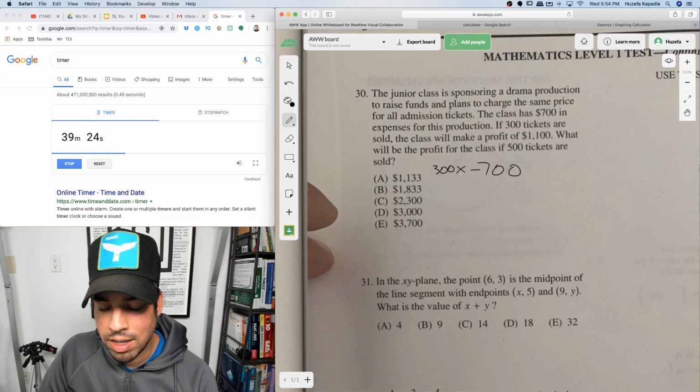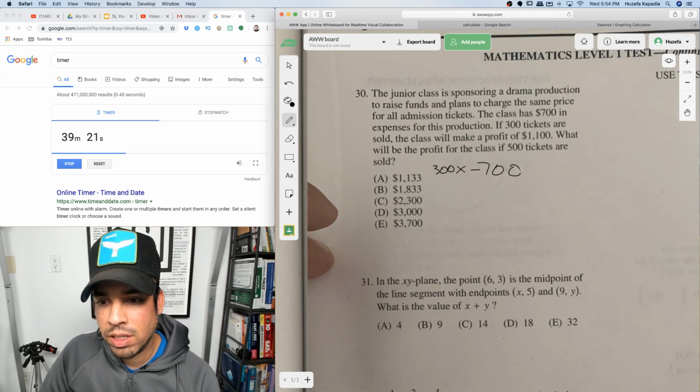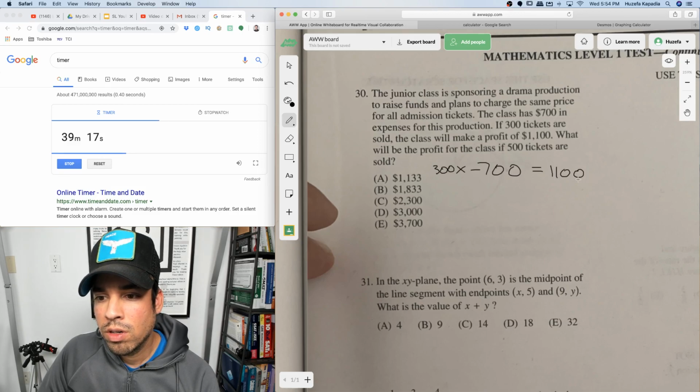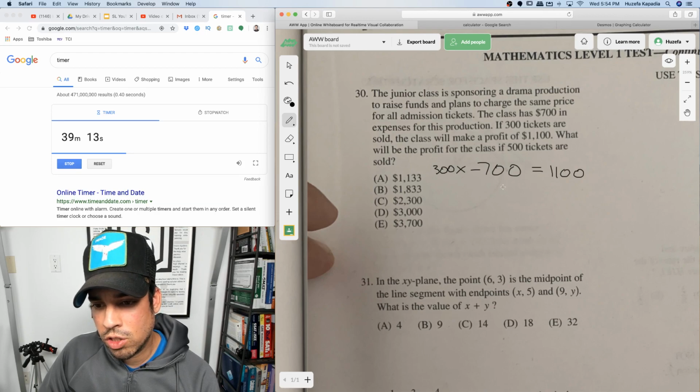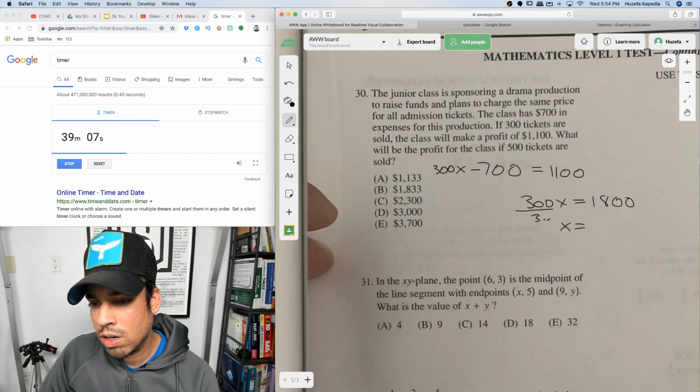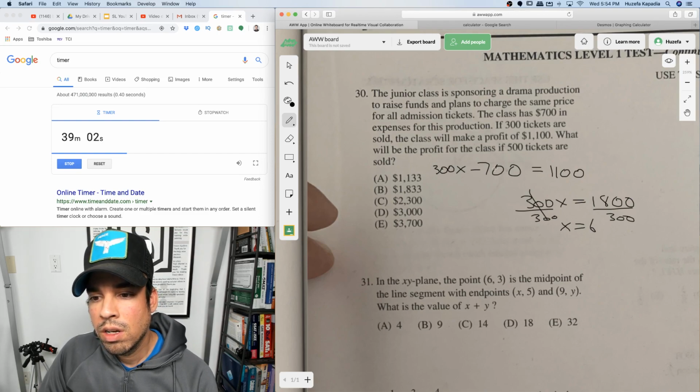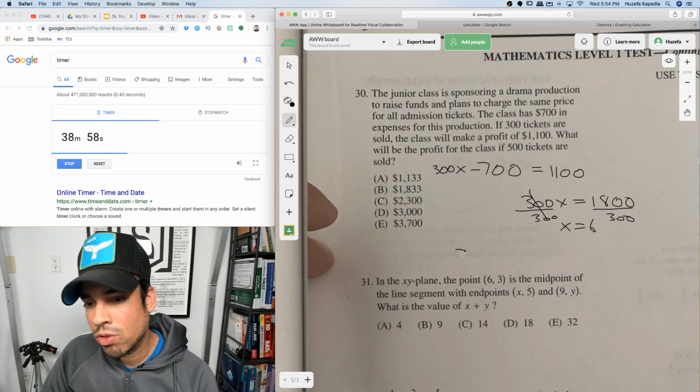That number of tickets, 300, times the price of tickets, x, minus 700, the expenses, equals a profit of 1,100. So add 700 to both sides: 300x equals 1,800. Divide both sides by 300. I know that they sold each ticket for $6. So what's the profit here? They sold 500 tickets at $6 a pop. That's $3,000 minus 700, which is 2,300.